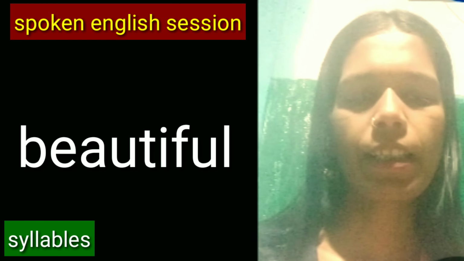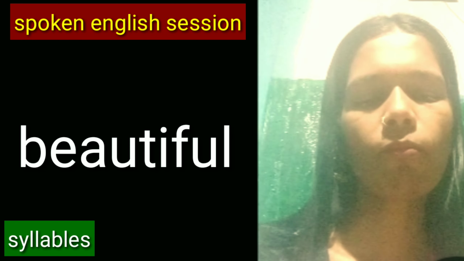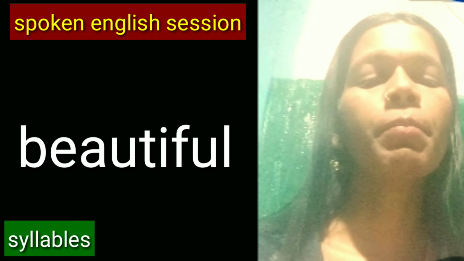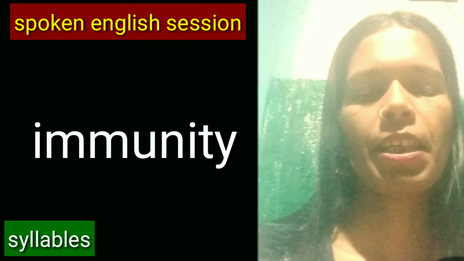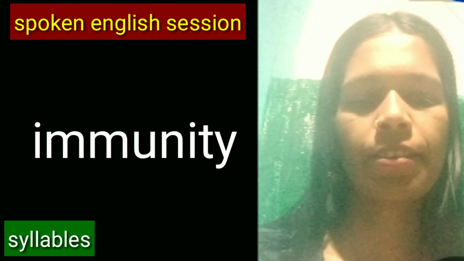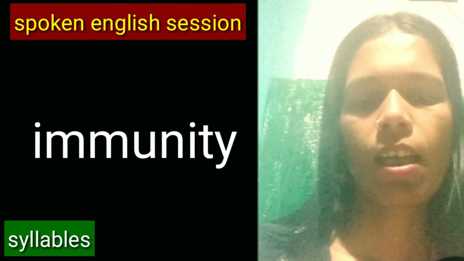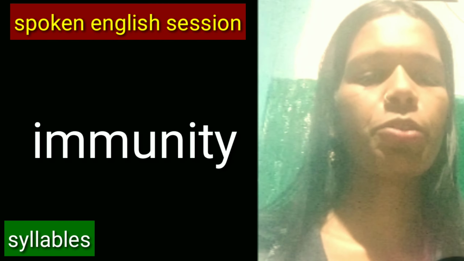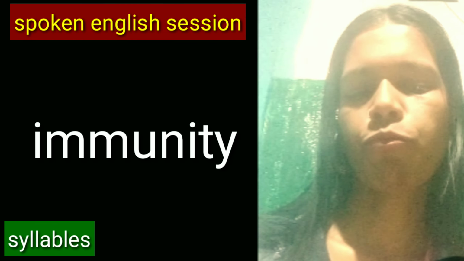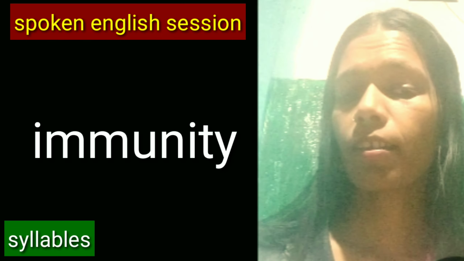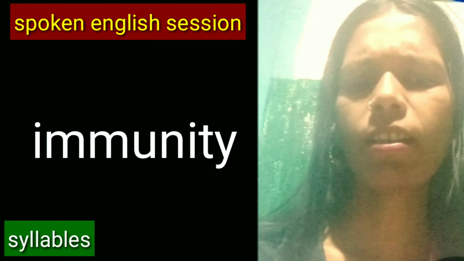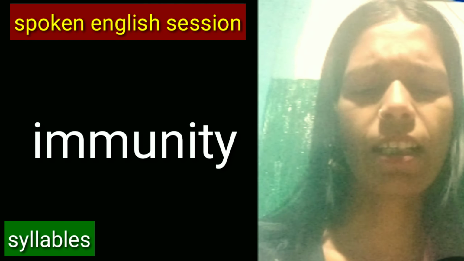Okay. Next, you can see immunity. When you see immunity, now you can understand one thing more here. I, then U, then I, and ty. Four syllables are there. You can ask me, y is not a vowel, so you can't count y as a syllable.